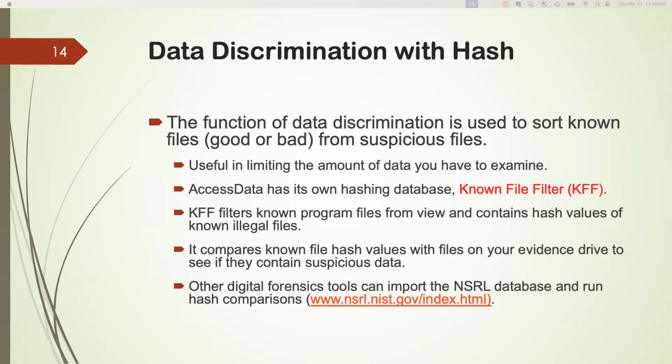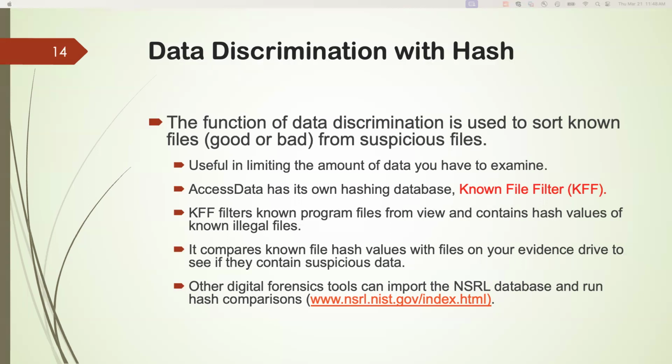So what you do is you get the files. Say we got 1,000 files from the suspect's machine. We take the hash of each individual file, store it somewhere, and you will have a list of 1000 hashes. Now, among these 1000 hashes, we will search in this known file filter. It will contain some hashes of files that are benign.